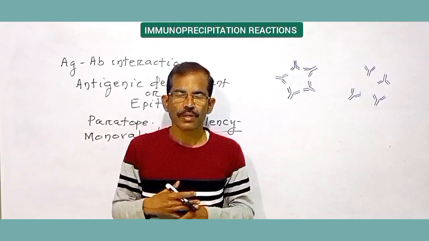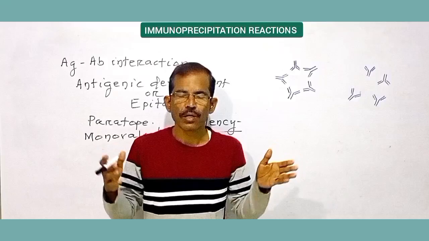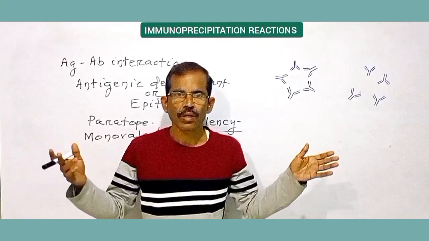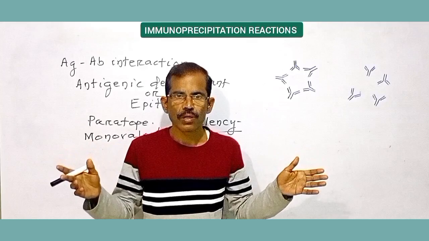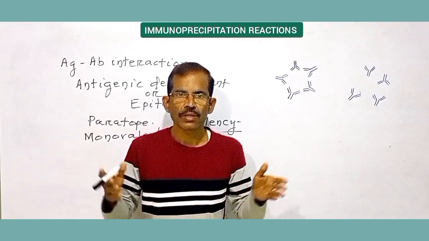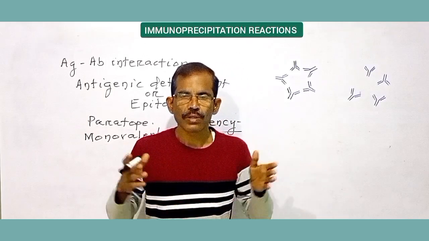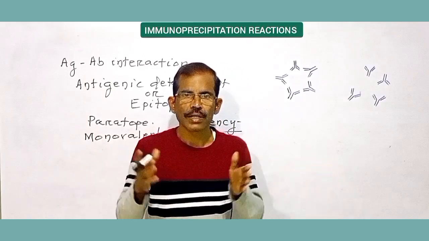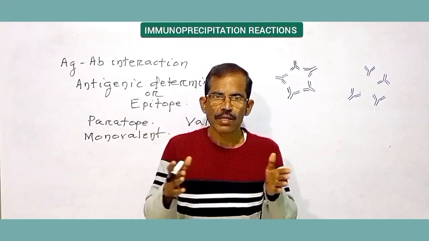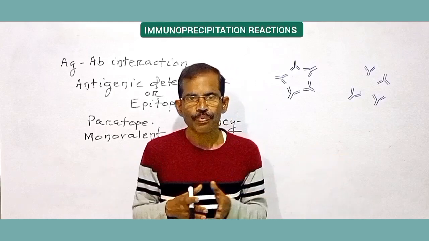Immunoprecipitation reaction is the interaction between soluble antigens and soluble antibodies that result in the formation of large insoluble antigen-antibody complex. The formation of antigen-antibody lattice depends on the valency of both antibody and antigen. The antibody must be bivalent for immunoprecipitation to occur.